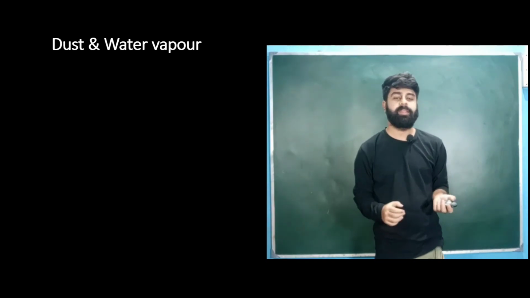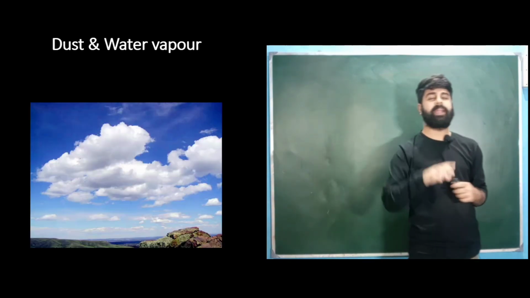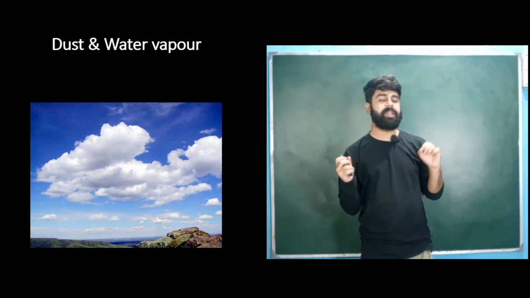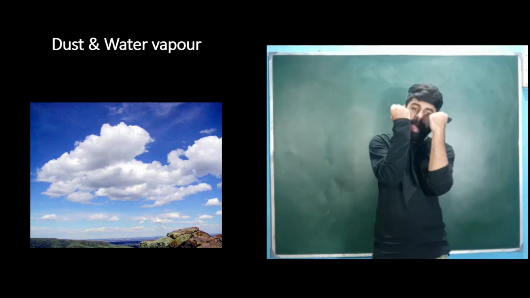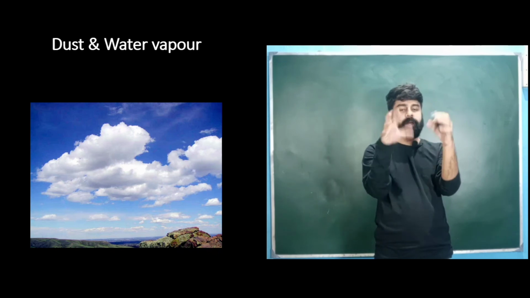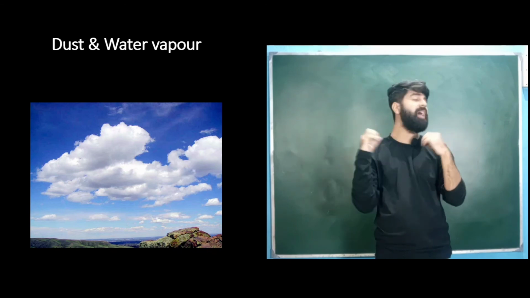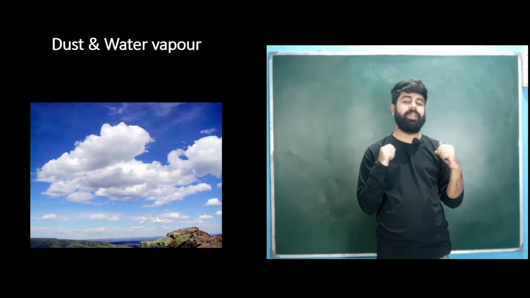Why are clouds white? Dust and water vapor are the answer. If you look at the white sky, the white sky means water vapor is huge but dust is very little.